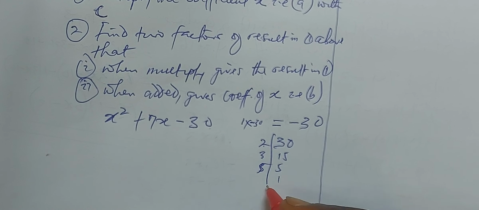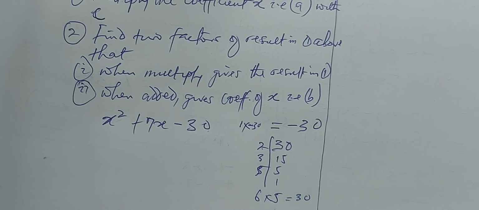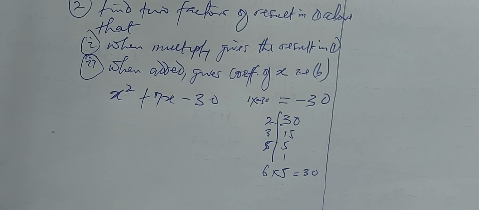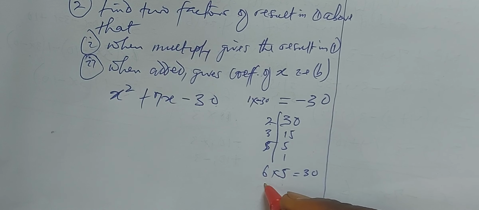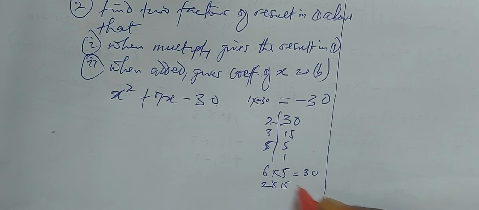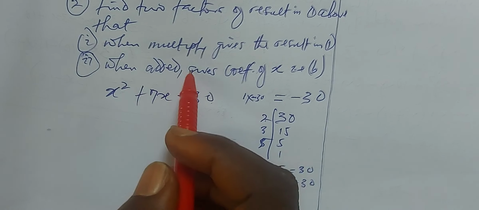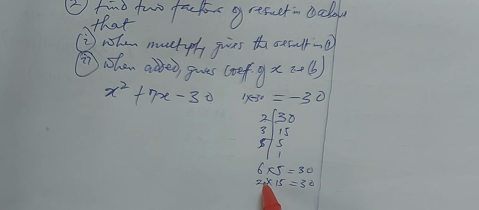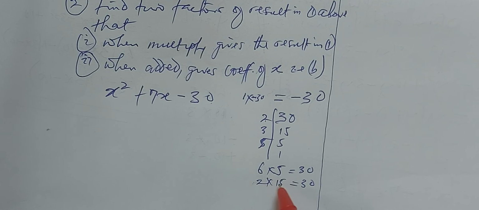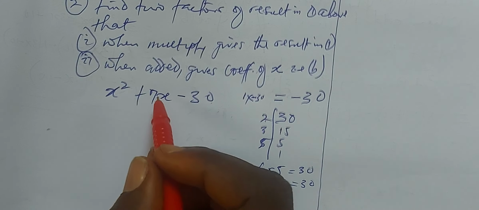Like 2 times 3 is 6, multiplied by 5 is still 30. Or 2 multiplied by 15 is 30. But the two numbers, when added, must give the coefficient of x, which is 7. Even if we change the sign, whether minus or plus, there is no way we are going to get 7.